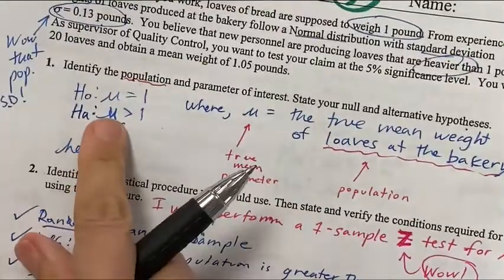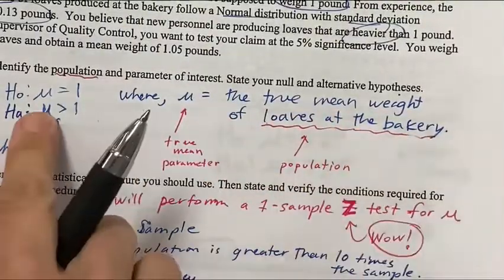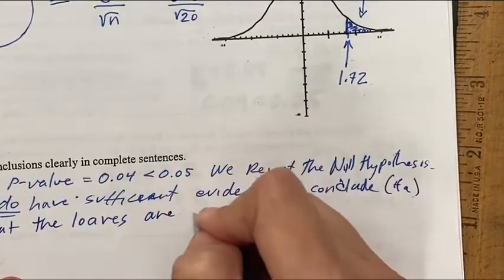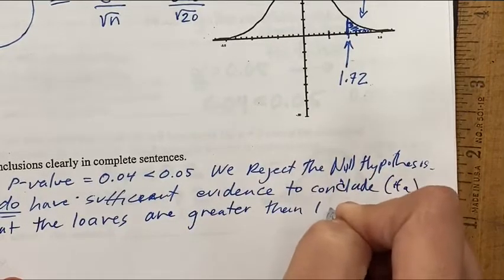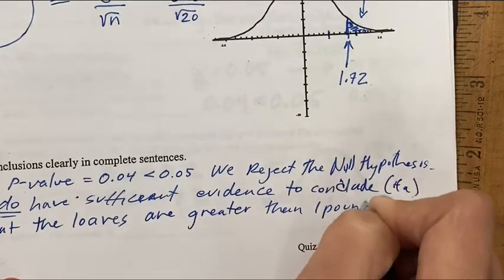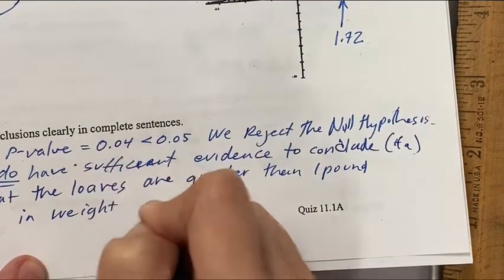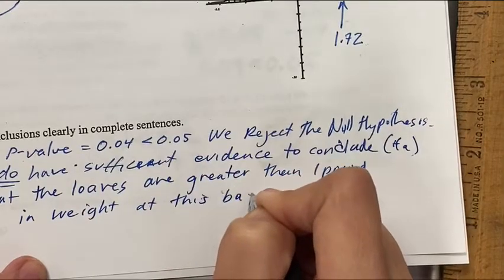What is H sub A? That the true mean weight of the loaves at the bakery is greater than 1 pound in weight at this bakery. Not at other bakeries, but at this bakery.